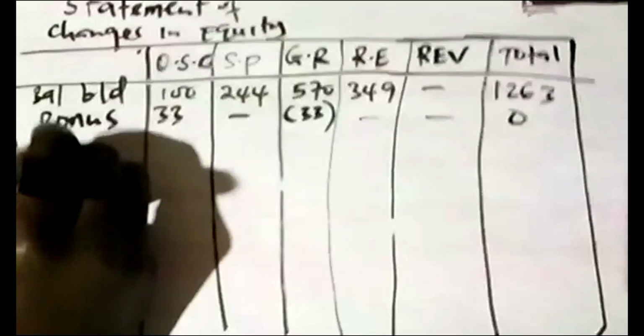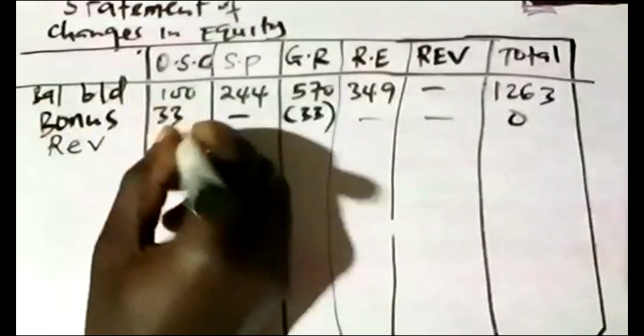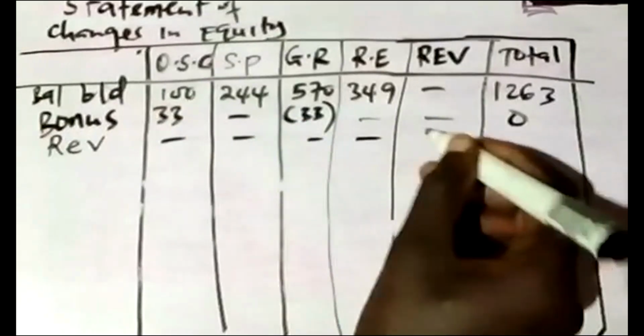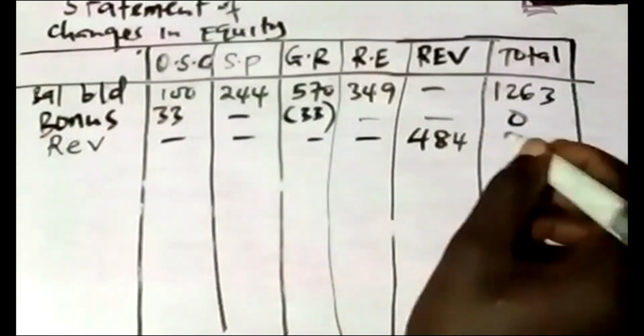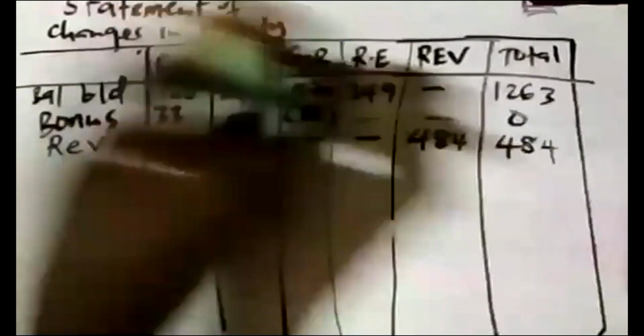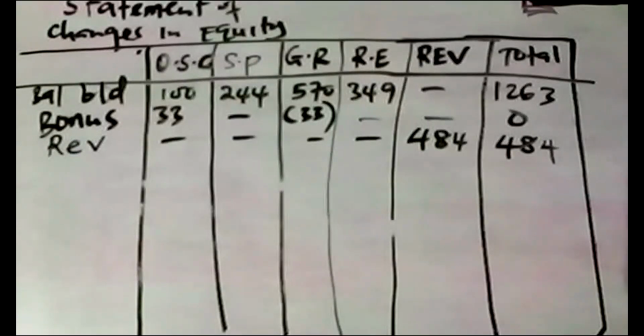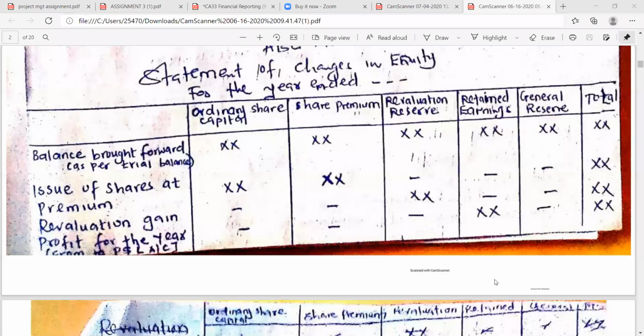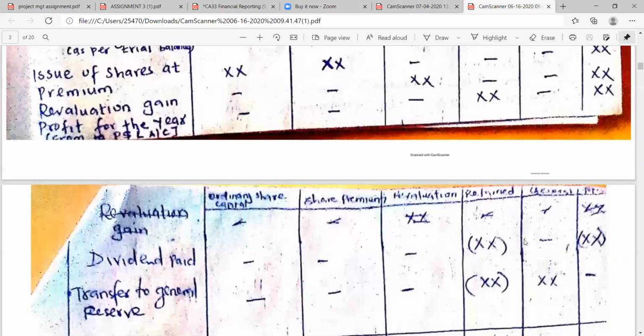Then the next thing I talked about is revaluation. So go to the revaluation. This is 484, the one for the land and building. After that, the next thing we need to check is profit for the year. Then after profit for the year, we raise dividends.